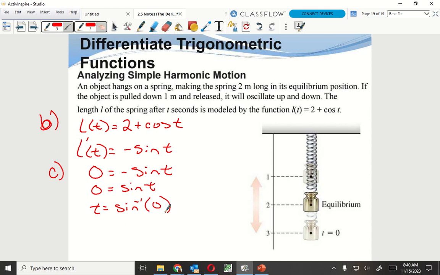Okay, in between where? So it's going to be 0. Where else? You skipped one. 0, pi, right? Oh, 0, pi and then pi over 2. No. Sine is the y.